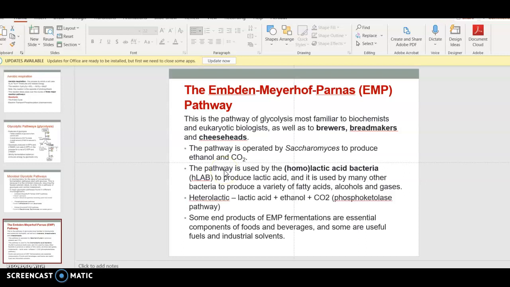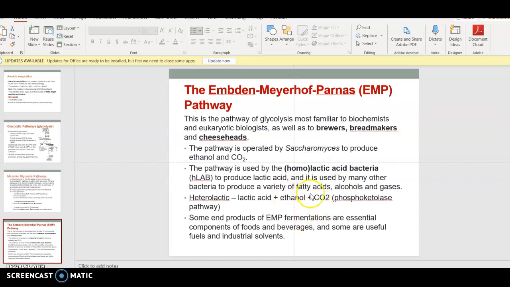Basically, the alcoholic fermentation. This pathway is also used by the homolactic bacteria, meaning that these bacteria can only produce lactic acid. Okay? And some bacteria can undergo heterolactic acid fermentation, meaning that they can produce ethanol and CO2 on top of the lactic acid, as in the homolactic acid bacteria.